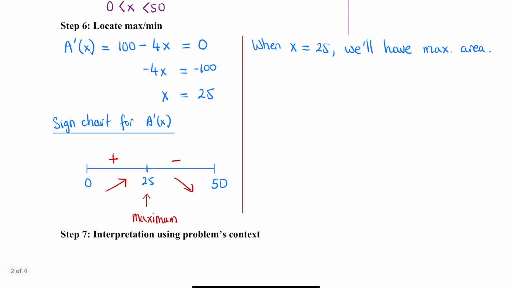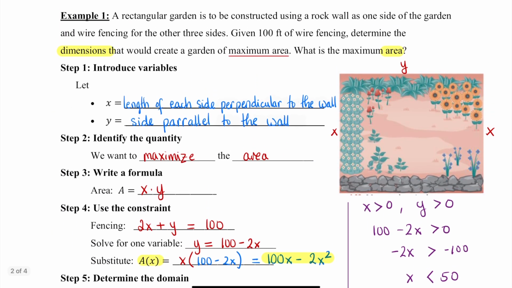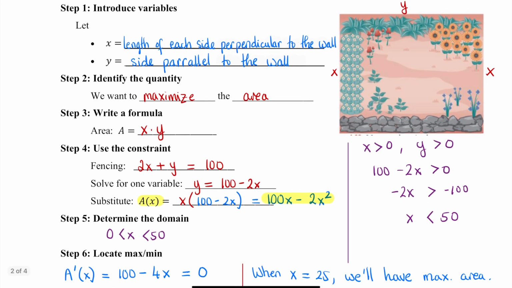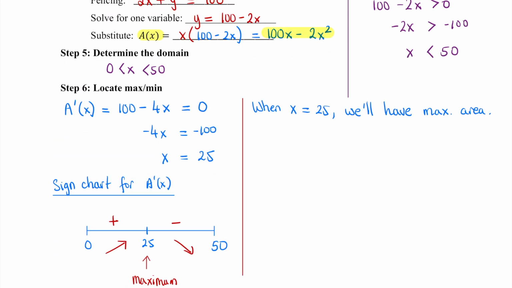Now, let's go back to the question to see what they're asking for. First, they ask for the dimensions, which means they ask for x and y. And they also ask for the maximum area. So we want to find x, y, and also the area. I have x equals 25. Now I need to find y.